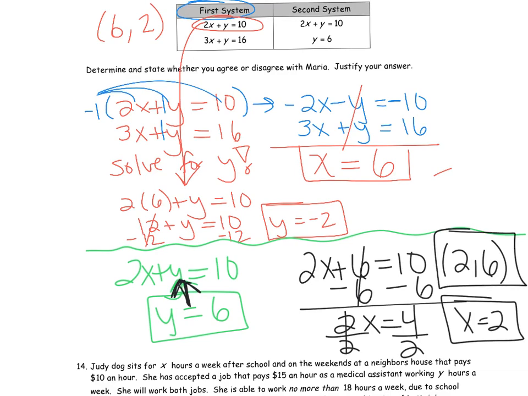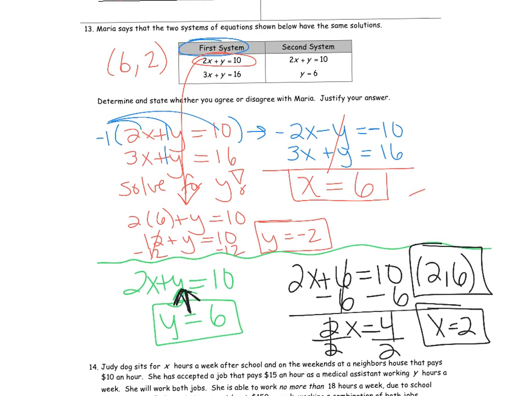And then from the first system, we had 6, 2. So are those solutions the same? Do we agree with Maria? She said that they have the same solutions. Hopefully we said no, because 6, 2 is not the same as 2, 6.